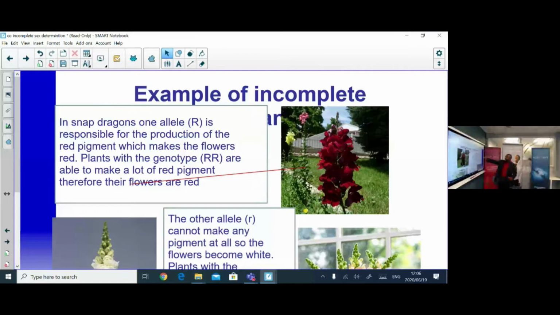I hope you can see it clearly. Red pigment makes the flowers red, and plants with this phenotype make a lot of red pigment. What happens with plants which cannot make red pigment?